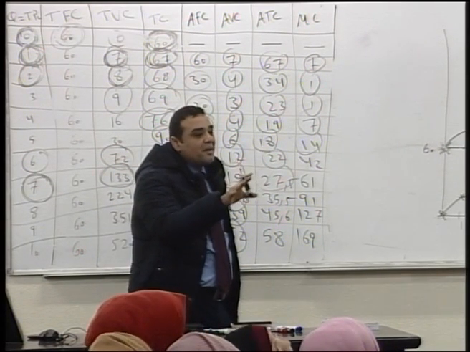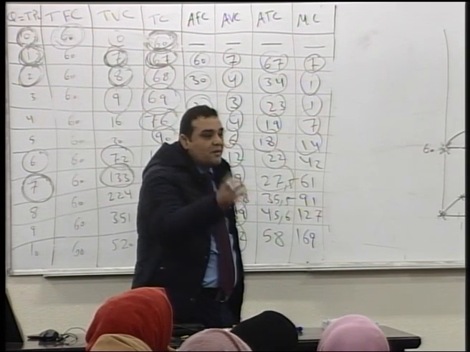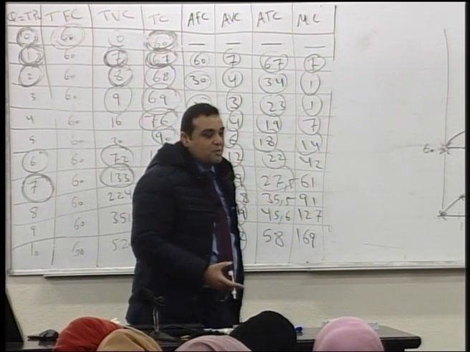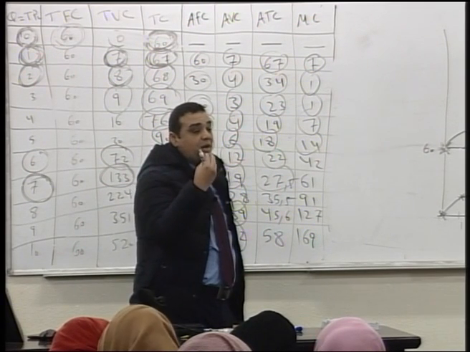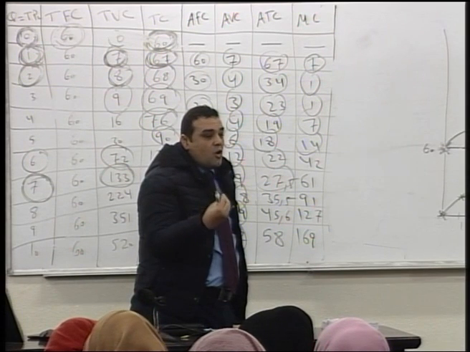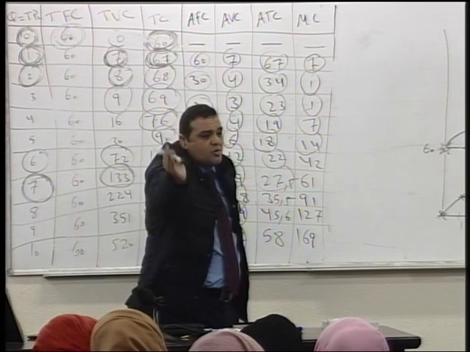In the long term, all costs are variable. Will be changeable, which means yes. And the long term is the term at which the costs are changeable, or we can change all costs.